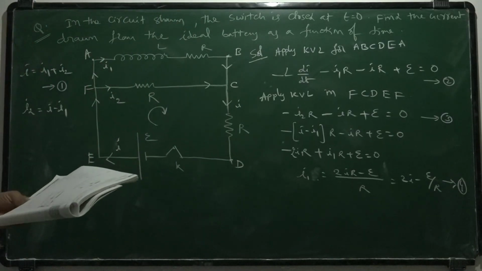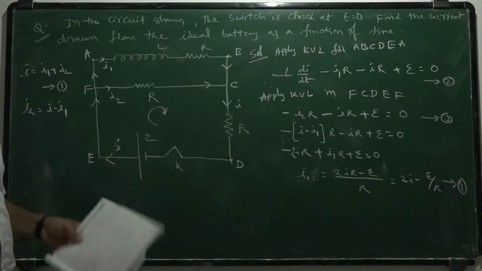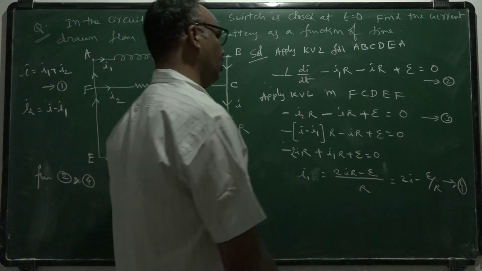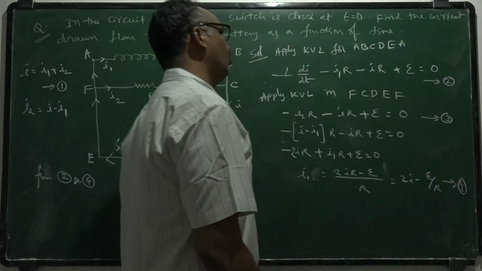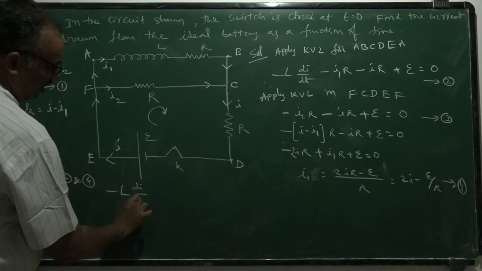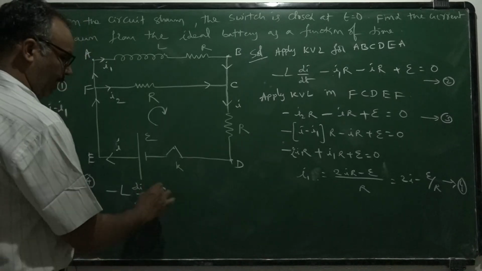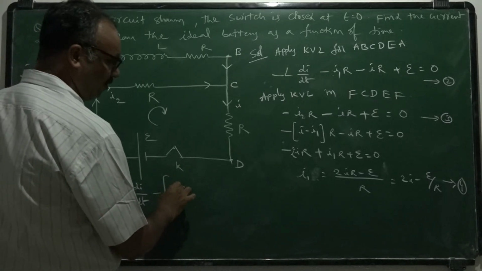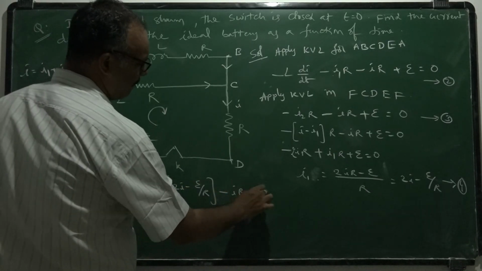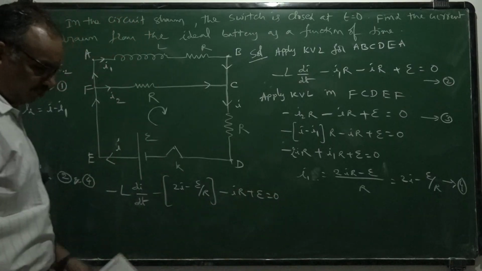Now let me take 2 and 4. From 2 and 4, you can substitute the value of I1 in equation number 2. Minus L into di by dt, minus, in the place of I1, 2I minus E by R, minus IR plus E is equal to 0.